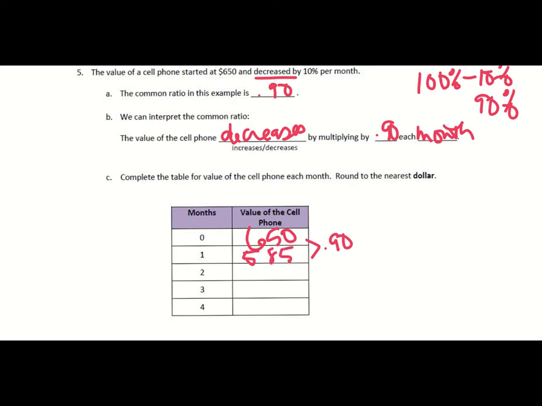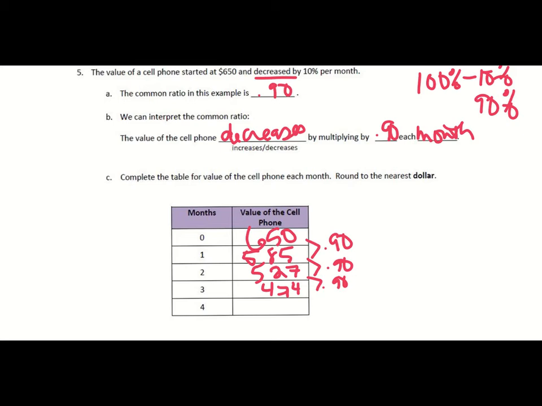585 times 0.90 is 527. 527 times 0.90 is 474. So you're multiplying by 0.90 each time.